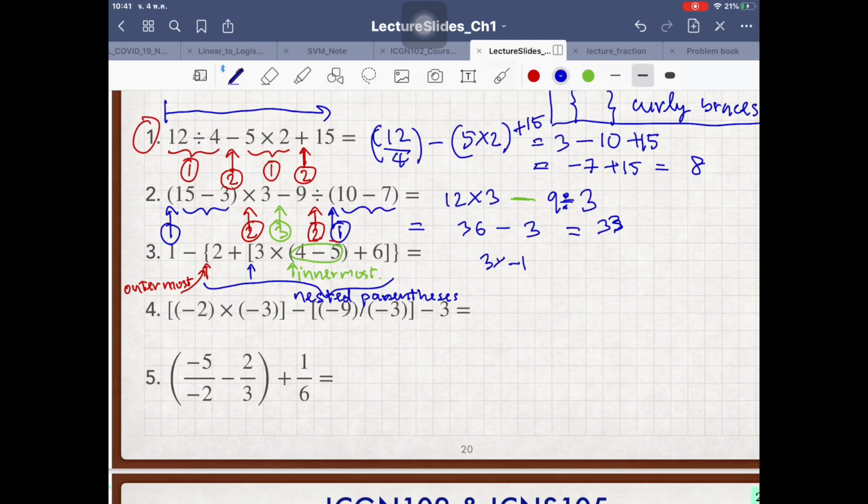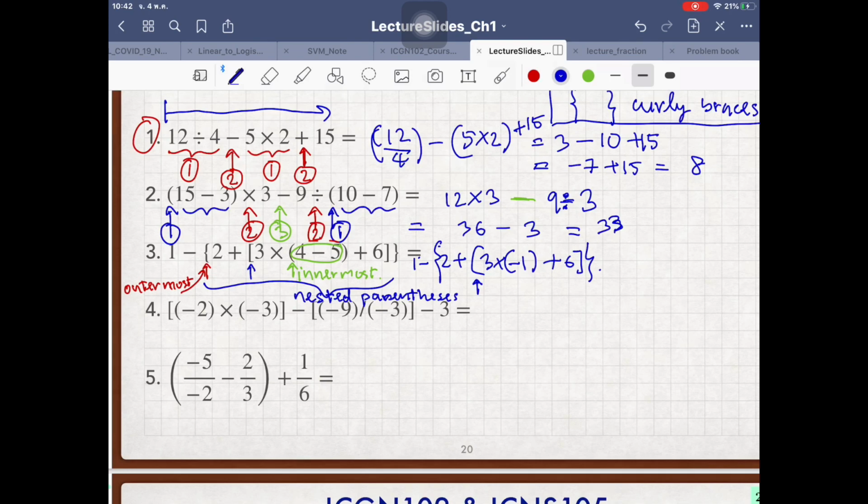And then you have 3 times minus 1 plus 6 in this square bracket, and then you have 2 plus the curly braces, and then in the last step you have the 1 and the subtraction. So the next step, we look at the square bracket.